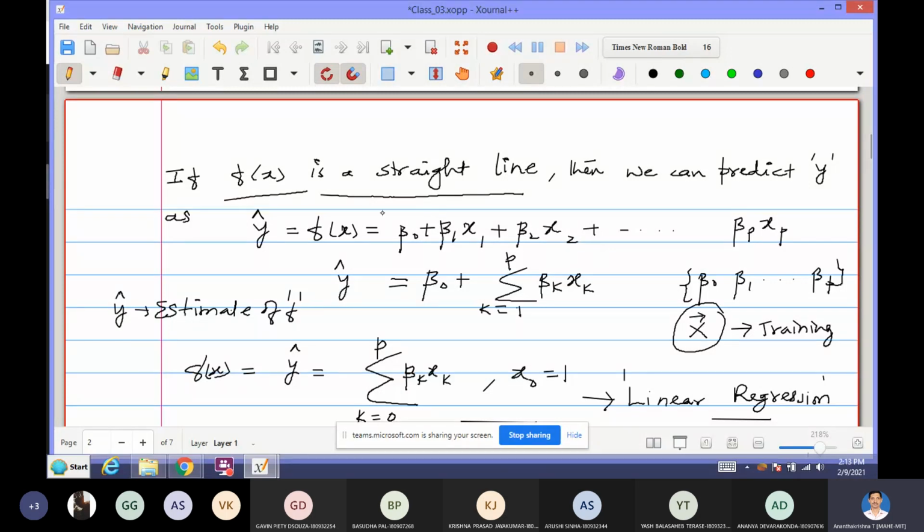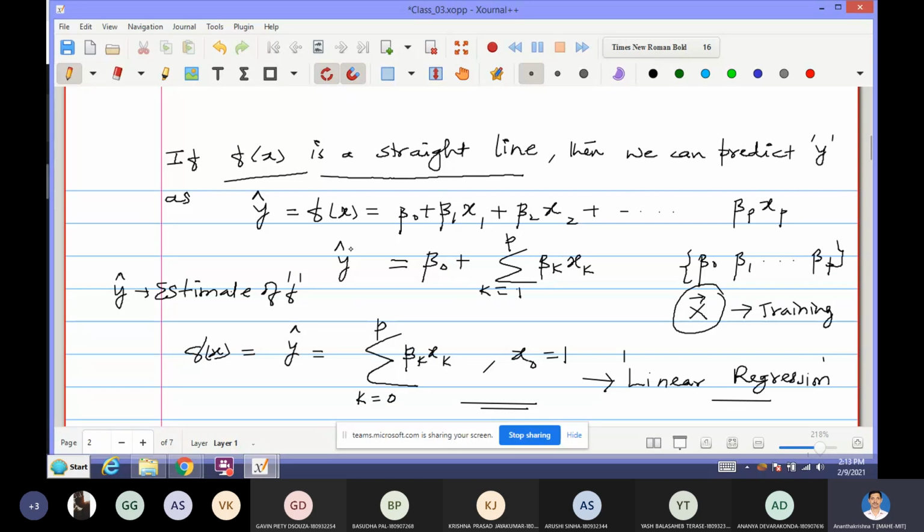It is a straight line. So once the form of the function f is given, the next thing is to calculate the betas, beta 0, beta 1, beta 2, and so on, so that we have designed the regressor.